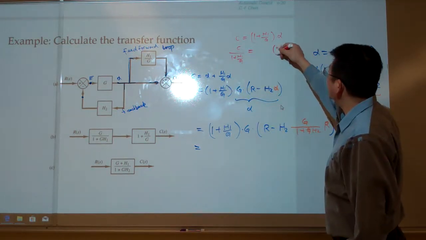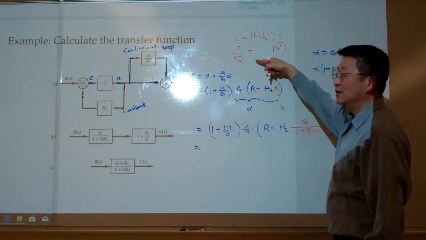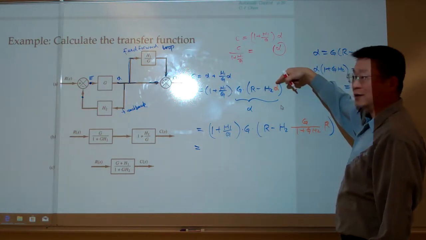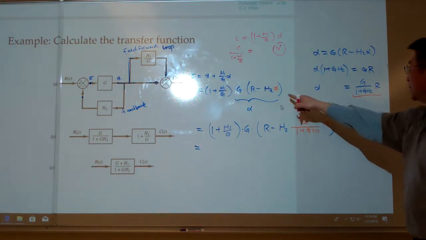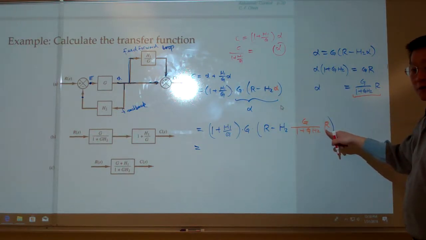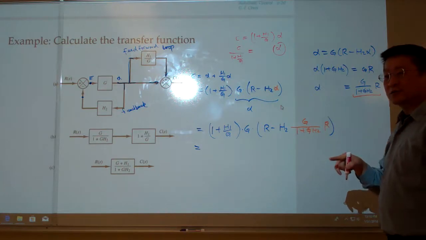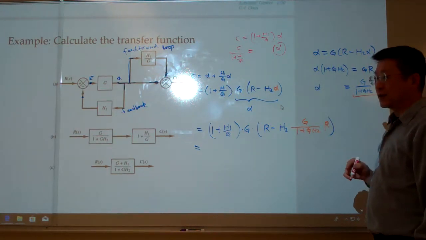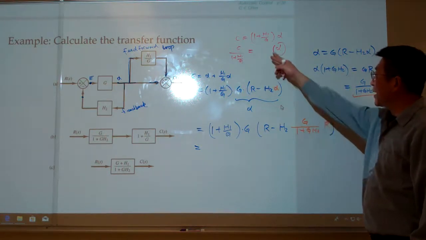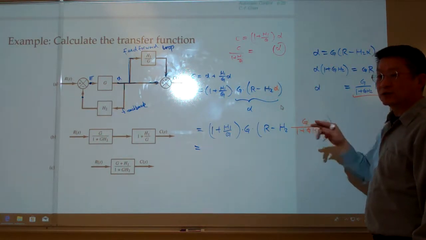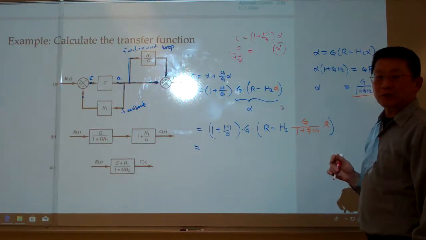If you replace alpha in terms of C, you can get the relation in here. It's a good idea. If your calculation is correct, it doesn't matter which way you do the replacement, the result will be the same.